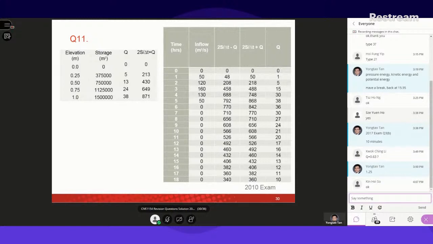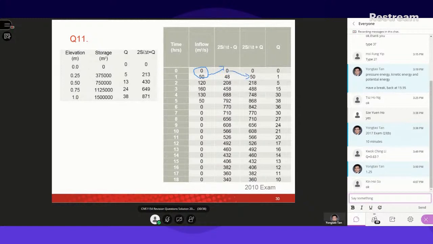Start from T0, where all initial conditions are 0. Then we start with I1 plus I2, and add this one, so we can get this one.